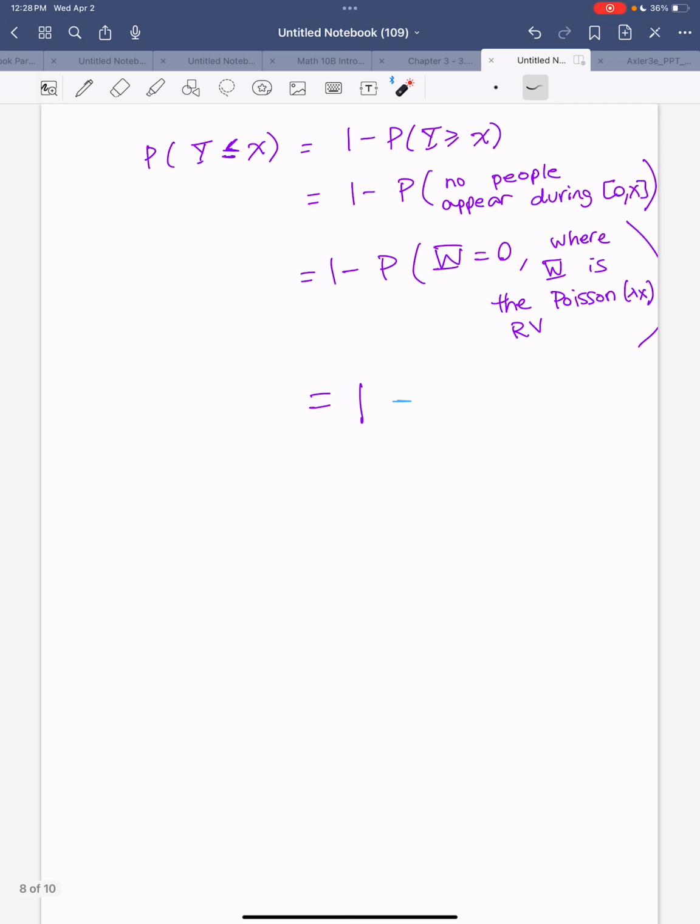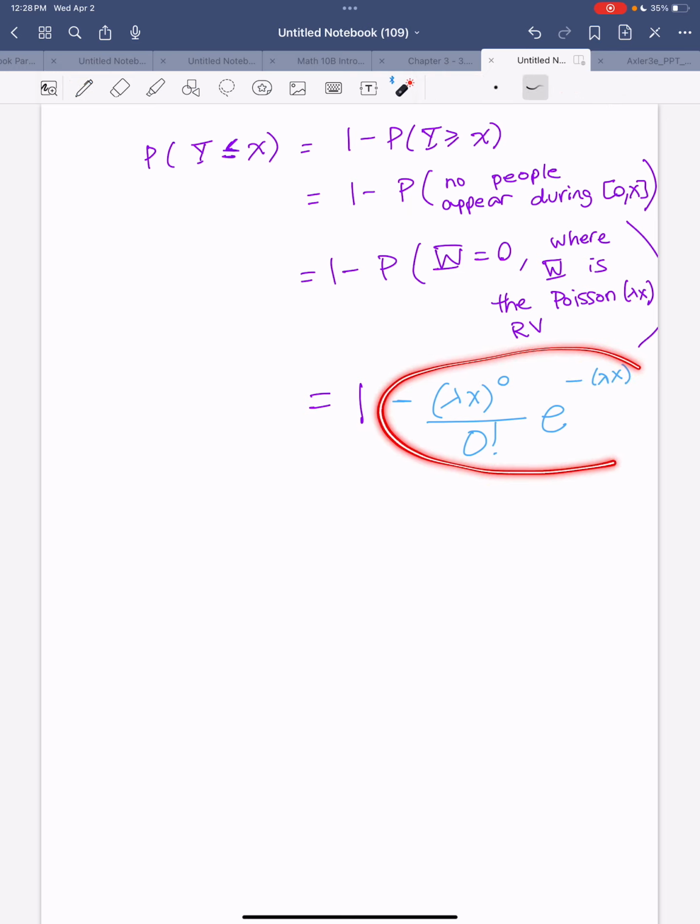So we will have (lambda x) to the 0th power divided by 0 factorial times e to the minus lambda x. So this is the probability that the number of people that appear in this interval is equal to 0.